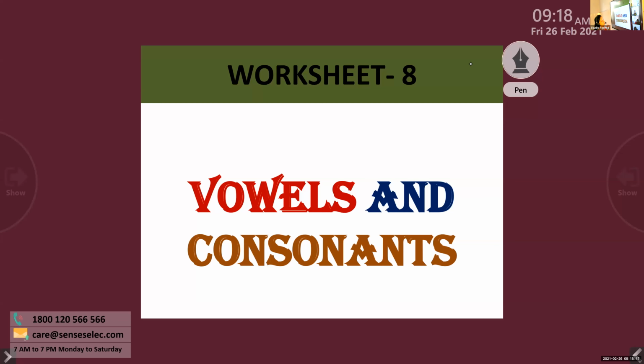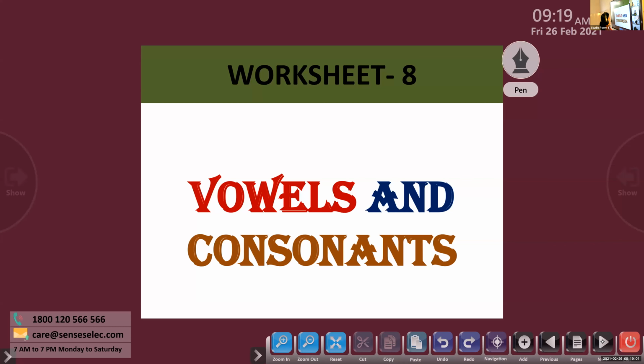Vowels and consonants. In worksheet 8 we have learnt about vowels and consonants. Are you able to see the shared screen, all of you? Yes? Okay. Now there are 26 letters in the English alphabet.